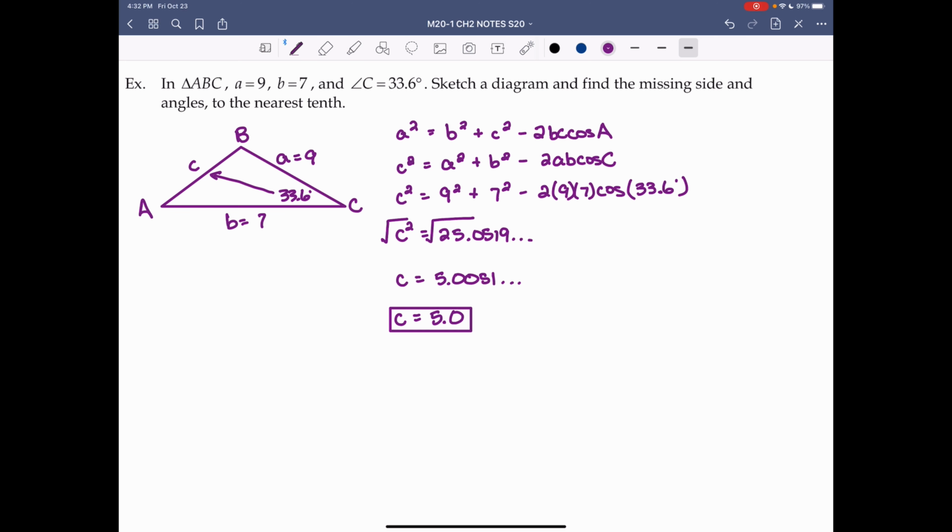Then we want to solve for angle A and angle B. Now that we have side C, we now have a full pair, C and C. So we can use Sine Law.